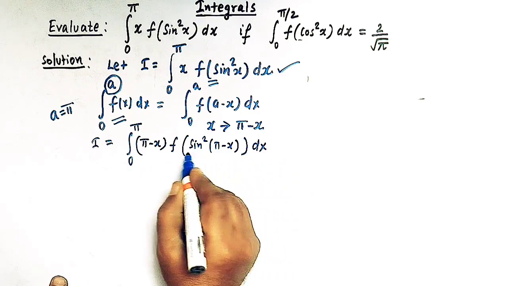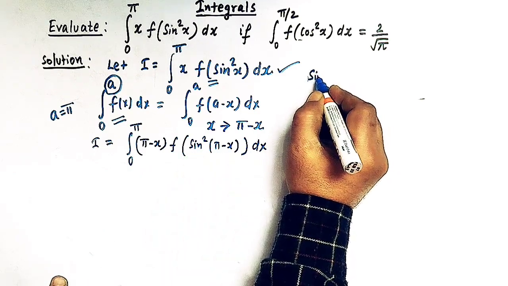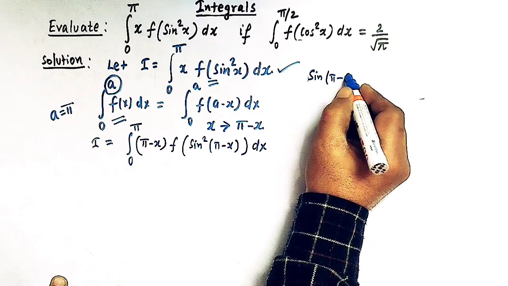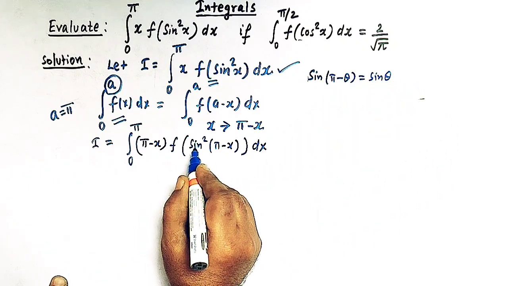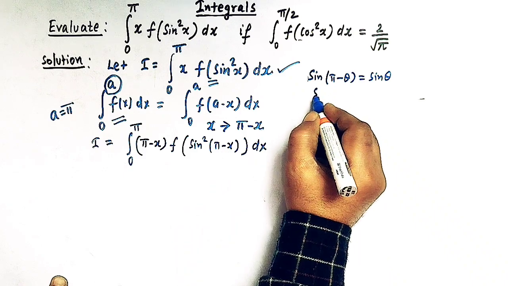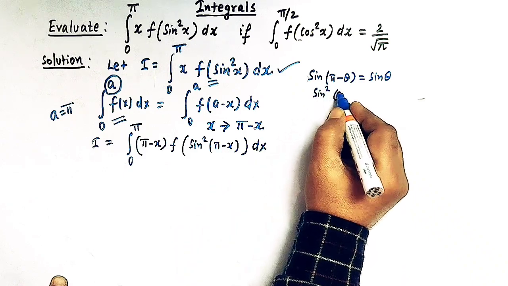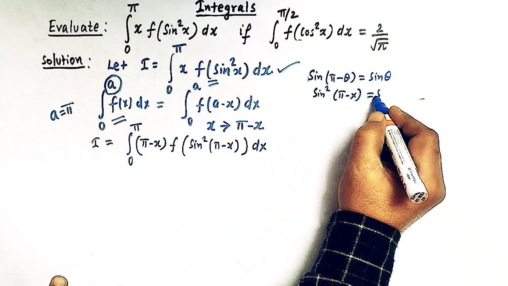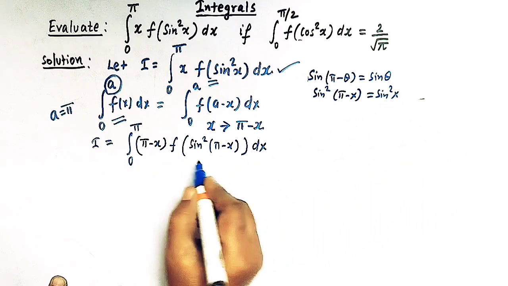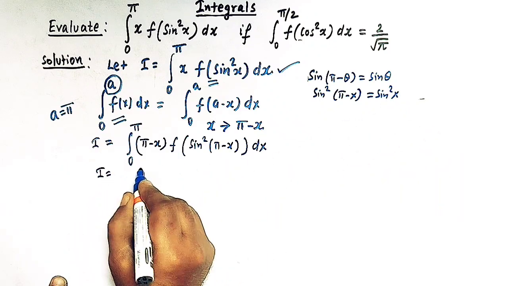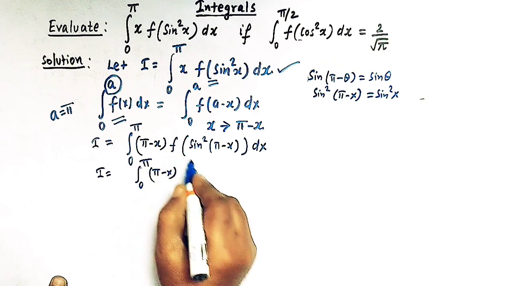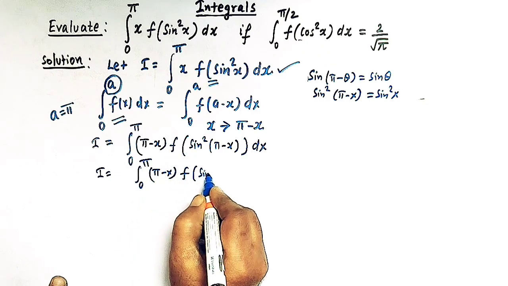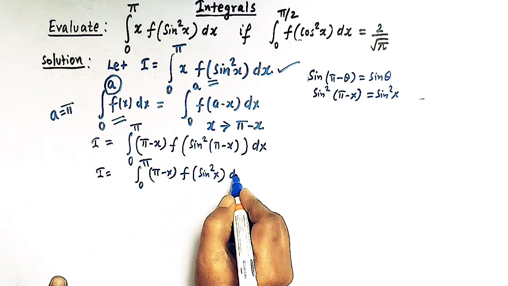So now from trigonometry we know that sine pi minus theta is equal to sine theta. So sine square pi minus x is equal to sine square x. So now we have I and 0 to pi minus x, and here we have f of sine square x and dx.